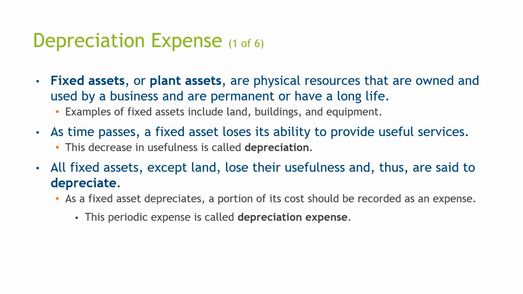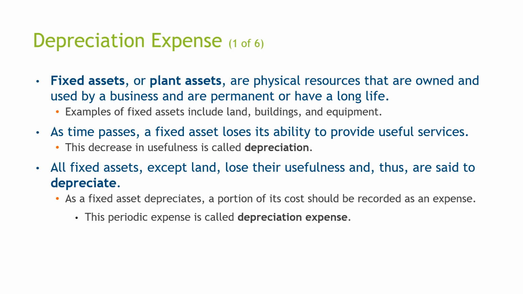These fixed assets are physical resources that we own, and they are permanent or have a long life. Examples are land, buildings, and equipment. But as time passes, they lose their ability to provide useful services. That decrease in usefulness is called depreciation. All fixed assets except for land lose their usefulness, and so we depreciate them.